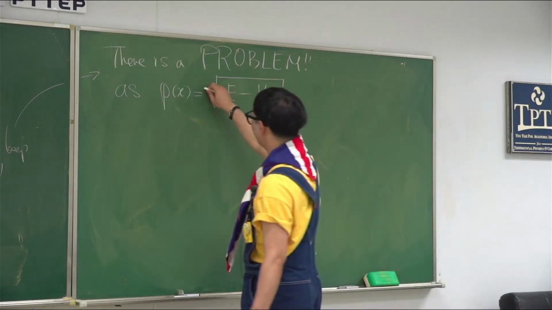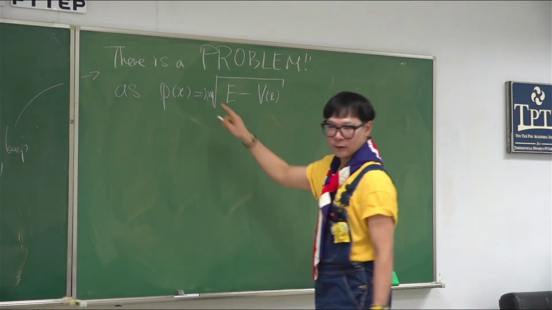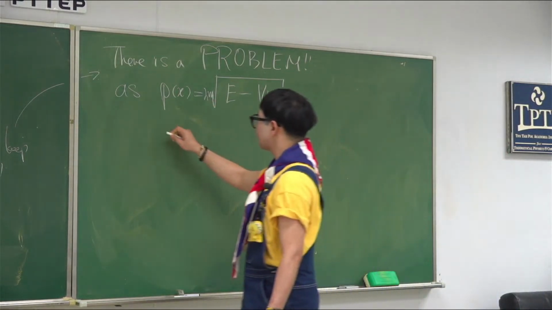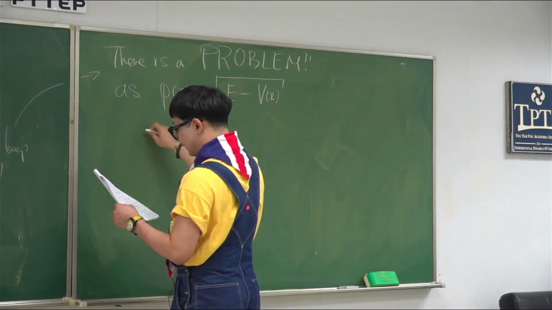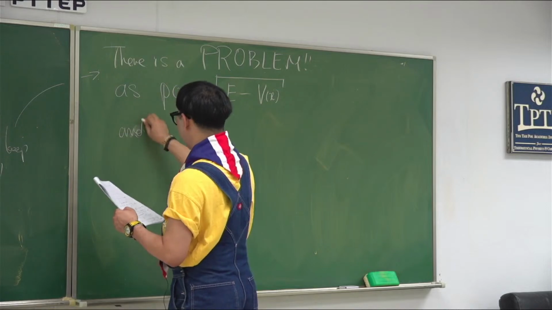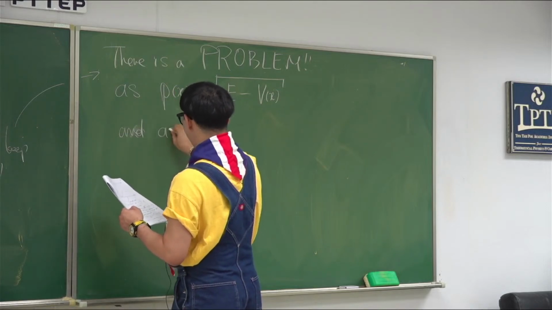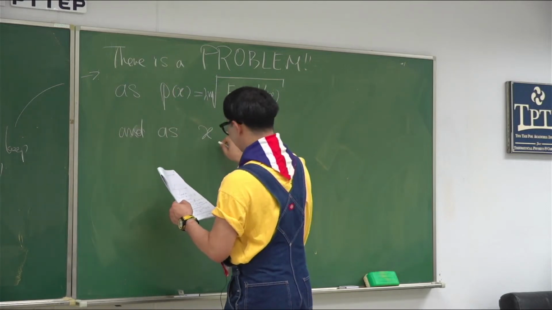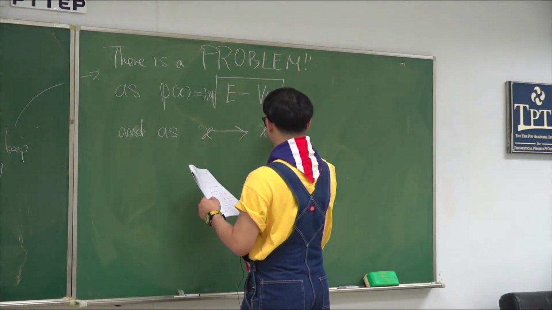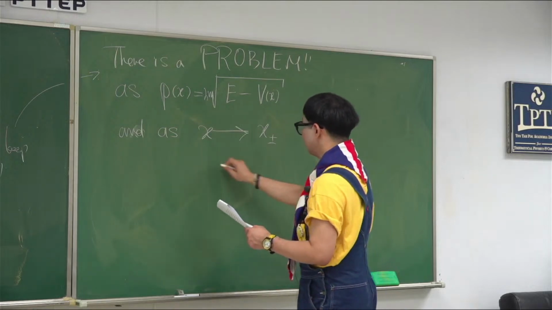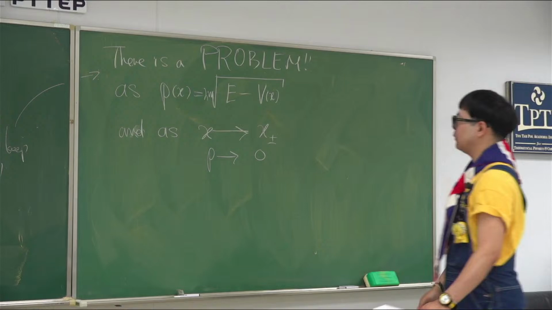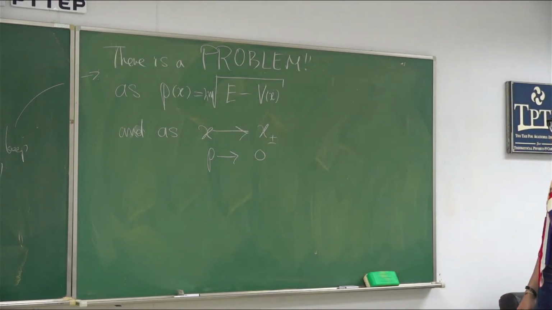I think there is 2m here, if I believe. All right, and as your x, I mean, it means that your p, yep, right.